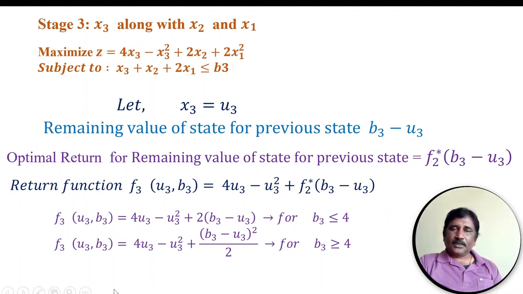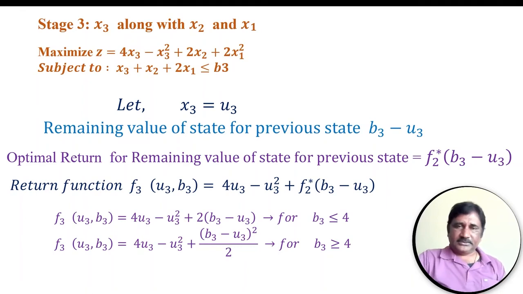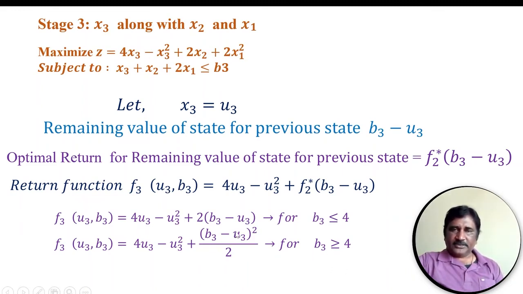Say in case it happens to be greater than equal to 4, then it will be 4 u3 minus u3 square plus, if you recall from the previous slide, you can take the slides backward and see that if b3 is greater than equal to 4, then the optimal return is obtained by b3 minus u3 square by 2.